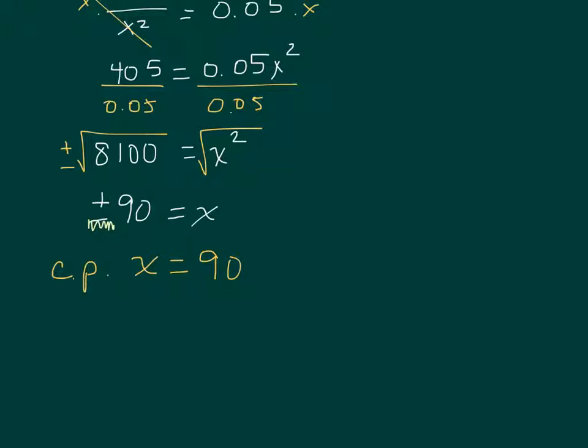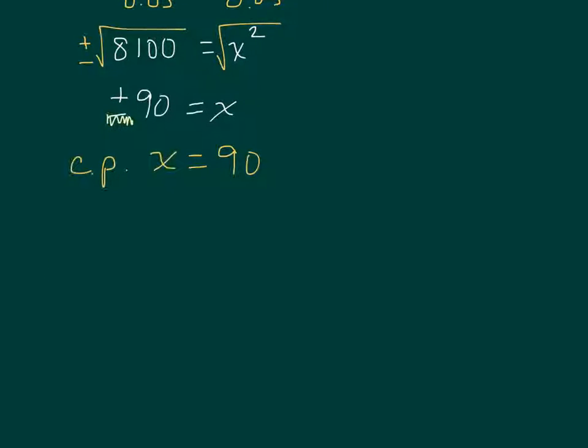Alright, then it asks where the average cost per vest is decreasing on a particular interval and increasing on a particular interval. How you find that is you take the critical point, 90, that we found, and you pick a value to the left of it, like 89, and you plug it into the derivative, because the derivative is going to tell you if it's increasing or decreasing.